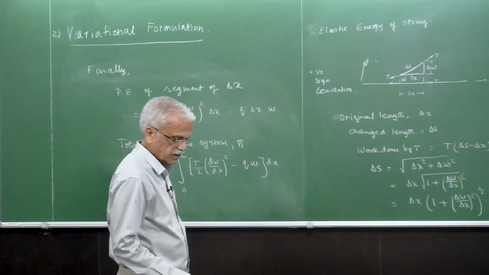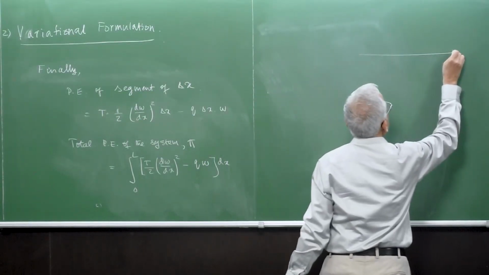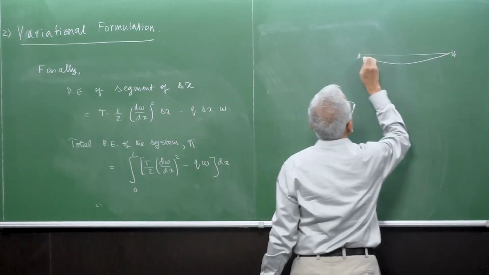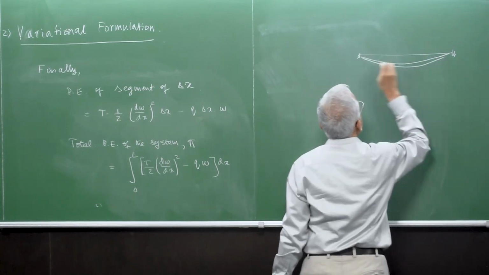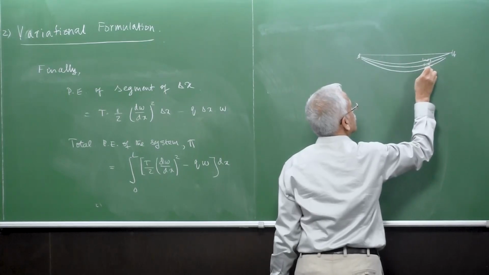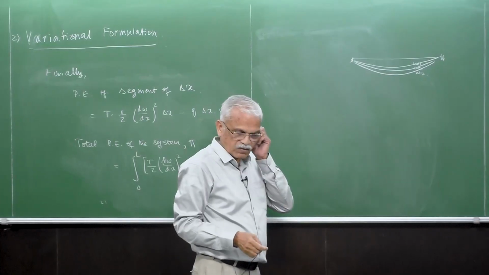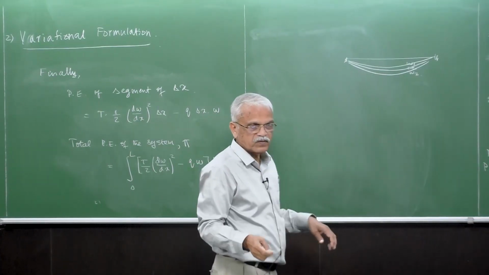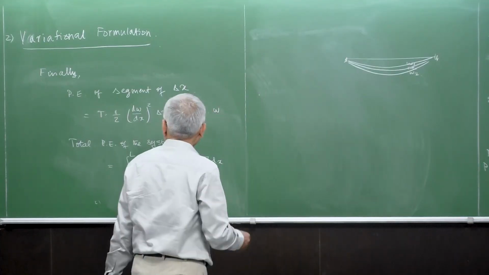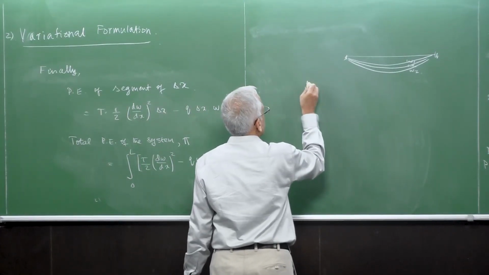The principle here is that if you look at different configurations, W1, W2, W3, these are all called approximations. We do not know which one is the right one, W1 or W2 or W3, right? So we call it W hat.